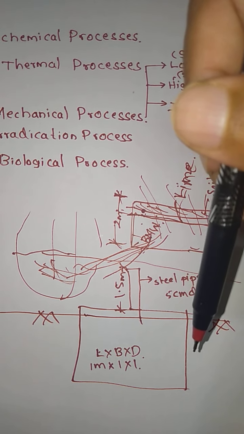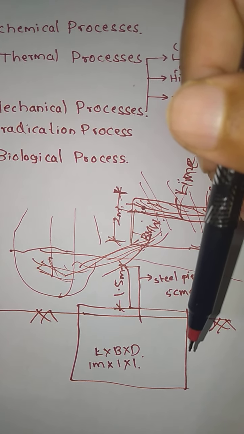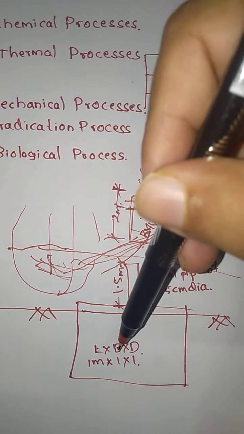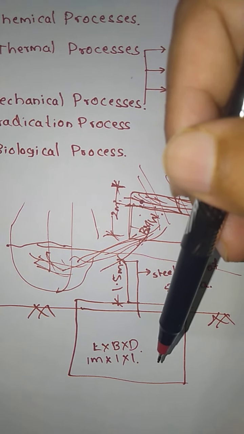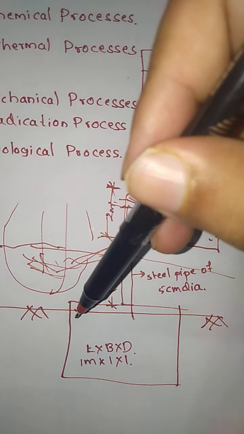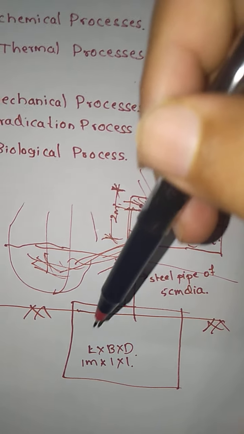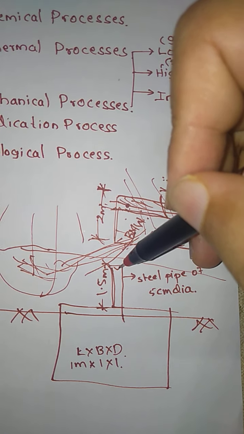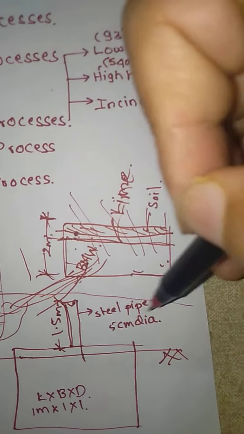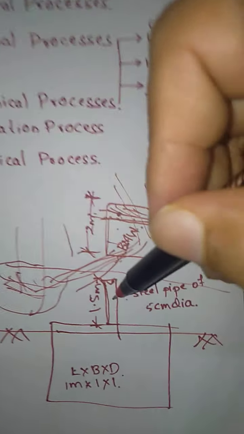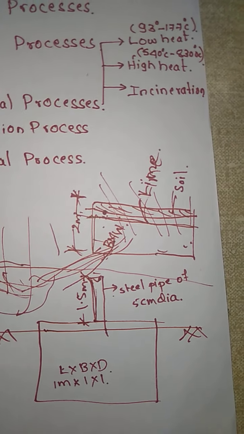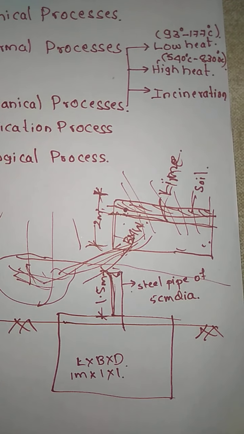For disposal of sharps, hospitals have to construct a concrete-lined pit of about 1 meter length, 1 meter breadth, and 1 meter depth, with a cover of a concrete slab having a 1 to 1.5 meter steel pipe with a diameter of 5 centimeters.